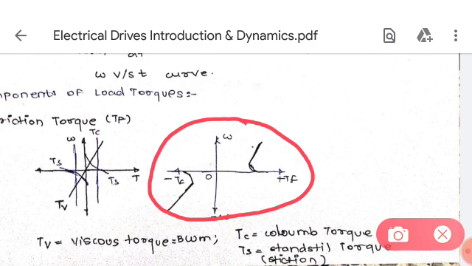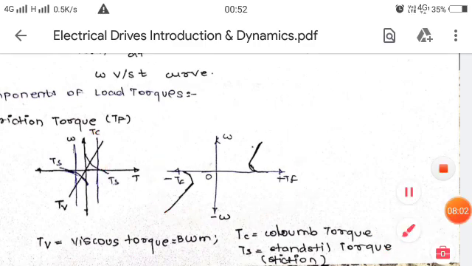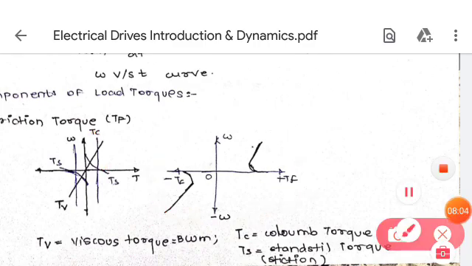So what is the meaning of this? This is a combined characteristic actually. So if we add viscous friction, just shown here, and Coulomb friction as well as stiction all together, see, near zero we have to add this point as well as this point, and TV is 0.